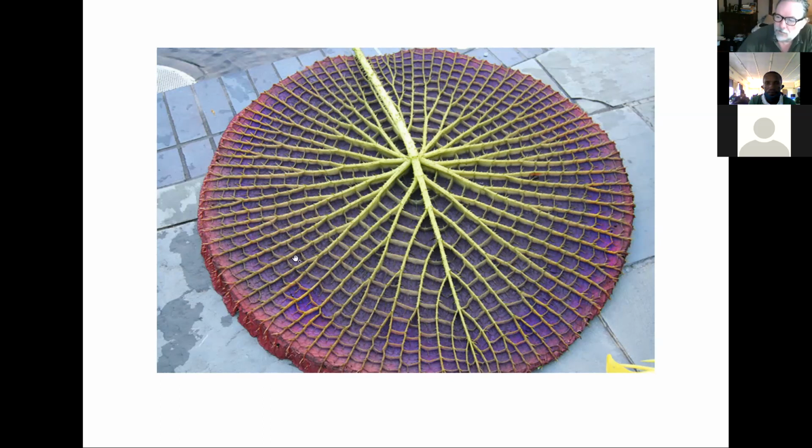Now this leaf floats on the surface of the water. So as this plant respires, as it photosynthesizes, the carbon dioxide it's producing comes out on the underside of the leaf and it traps in these little pockets. So the leaf literally can float on the water and be really, really strong.